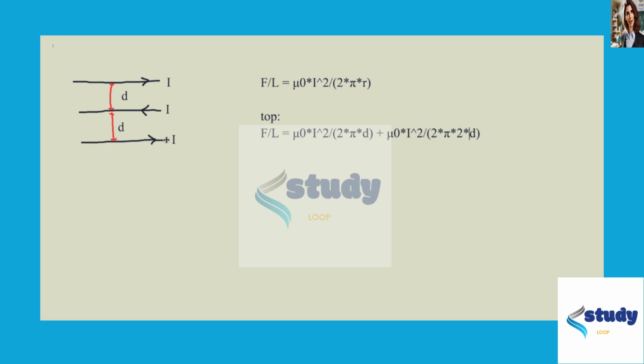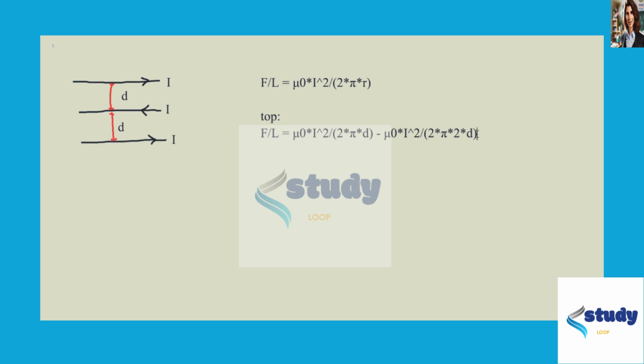And notice, though, that the current from this wire is traveling in the opposite direction as the current from this wire. So let's arbitrarily say that we're going to call the currents going to the left positive and currents going to the right negative. So I'm going to make this whole thing negative because we now have a negative contribution down here.